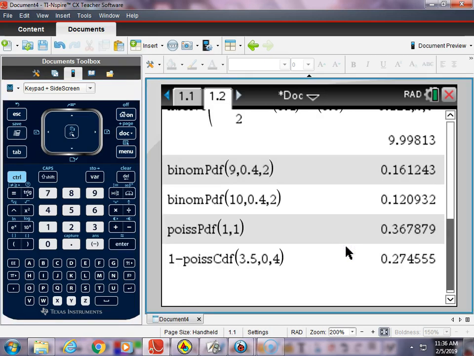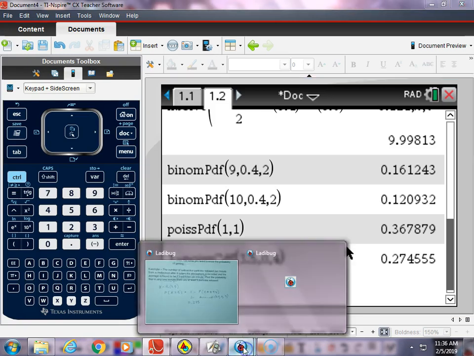Okay, and so you can just do that all together and get 0.275. Good. Alright, we just have one more, but it's one of those multi-parters.